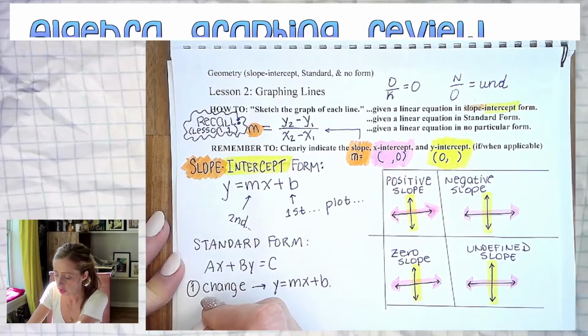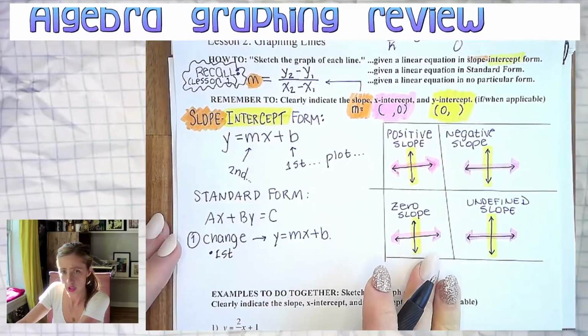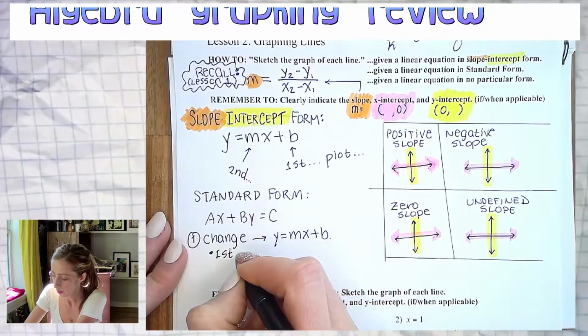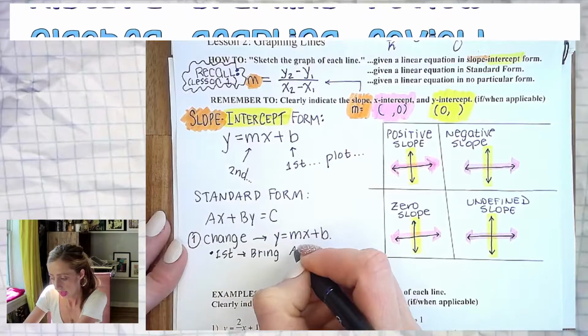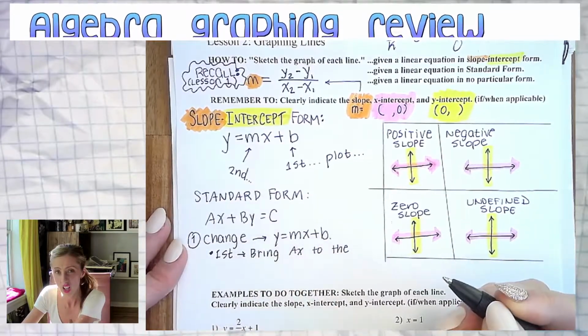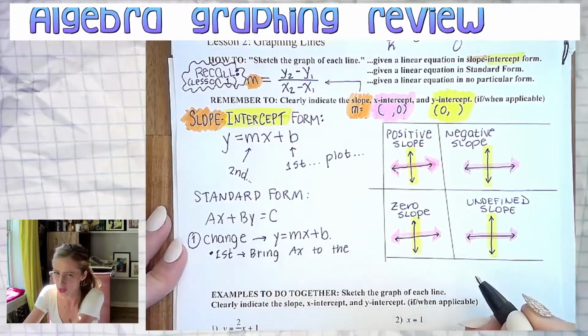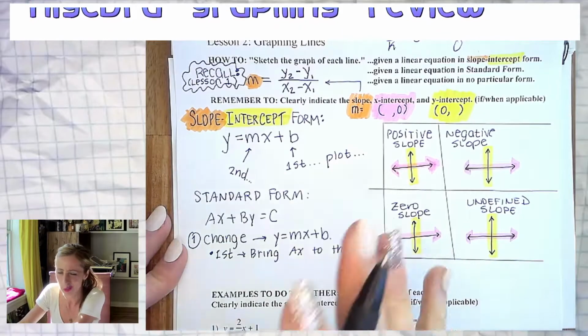Well, first, what we're going to do is bring Ax to the other side. I don't want to say subtract, because if Ax was negative, you're going to add to the other side. So you want to be careful. And A might be 1 or just negative, it could be a little weird.